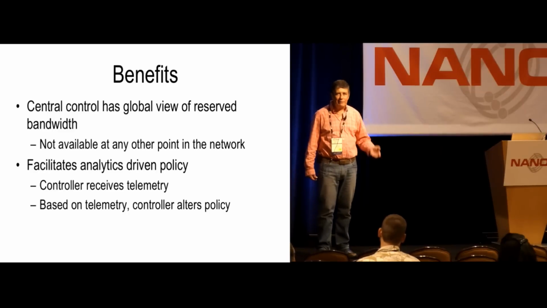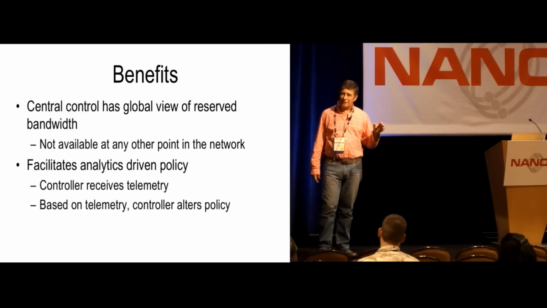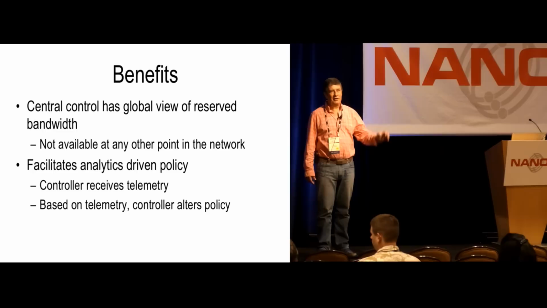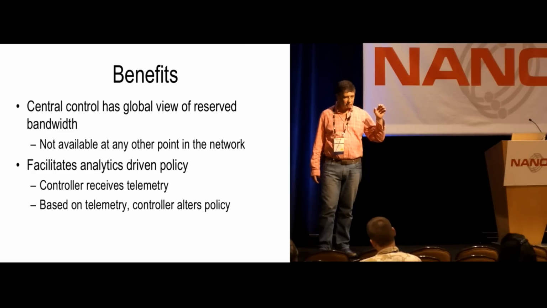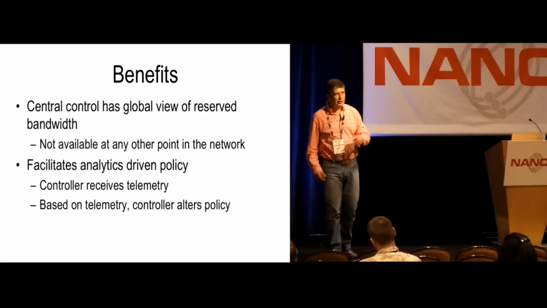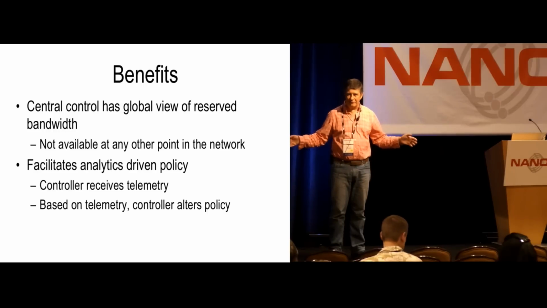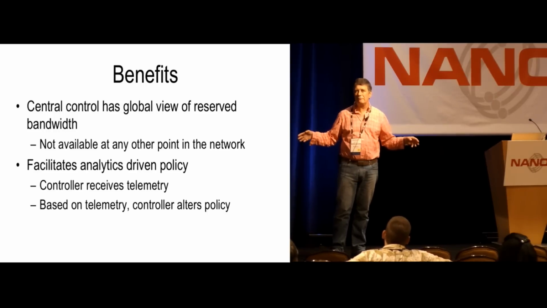Do I have weekly patterns? Well, now that you have all this stuff in one global place, maybe you can use that global place to do more intelligent path computation than you would have done had you had path computation distributed among all your ingress LSRs.